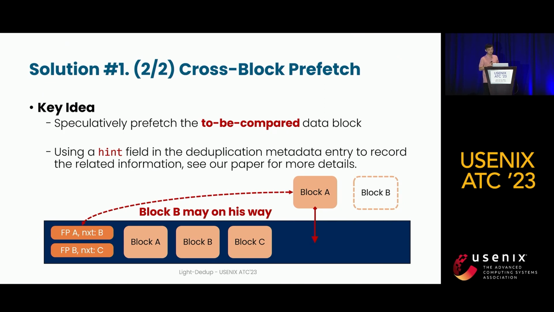The key idea of CBP is to speculatively prefetch the to-be-compared data block. For example, assuming we write blocks A, B, C sequentially, the next time, if we write block A, we can speculate that the next block is B. To achieve this, we can maintain a hint field in the metadata entry to record the related information.